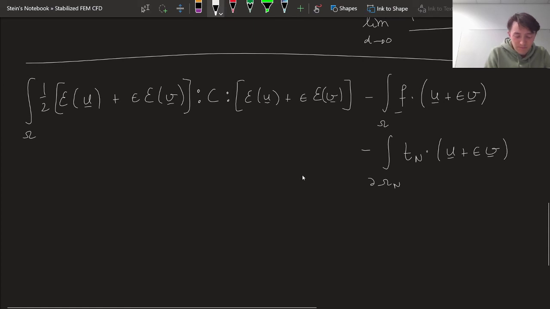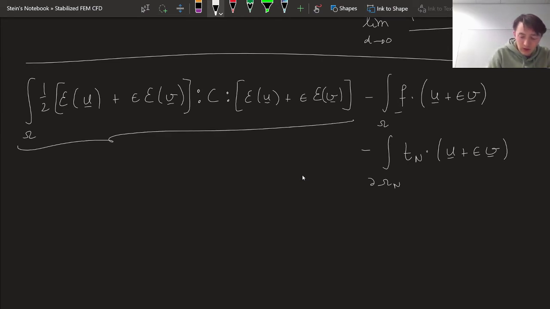So how does this work out? Well, these are just all linear operations. I can expand this. So I get half of epsilon u, C, epsilon u. Similarly, I get half of epsilon strain of v, C strain of epsilon strain of v.